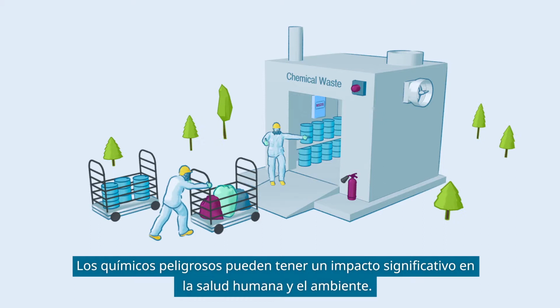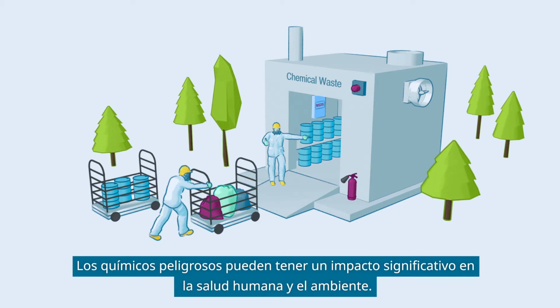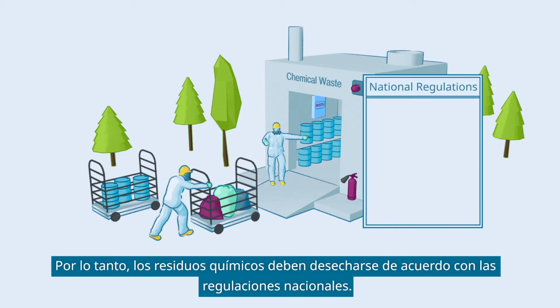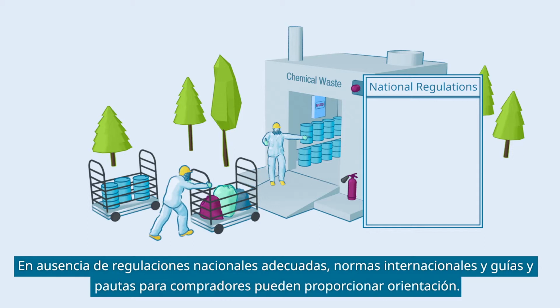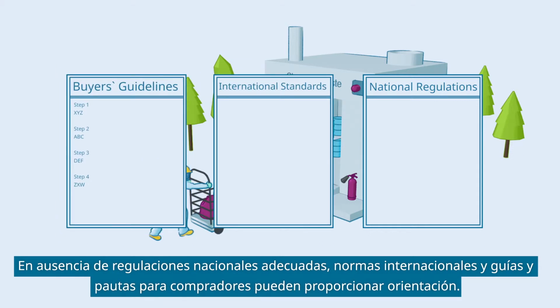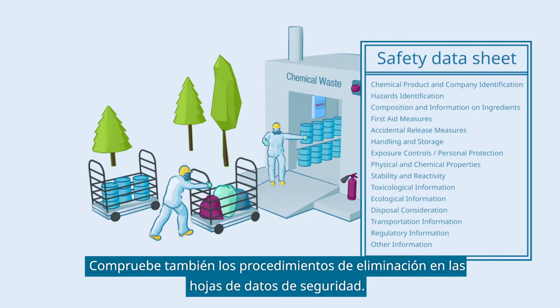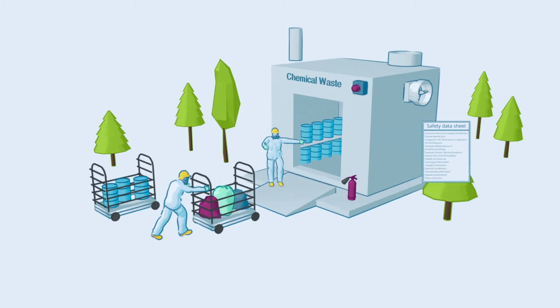Hazardous chemicals can have a significant impact on human health and the environment. Therefore, chemical waste needs to be disposed according to your national regulations. In the absence of adequate national regulations, international standards and buyer's guidelines can provide guidance. Also, check the disposal procedures from the safety data sheets.